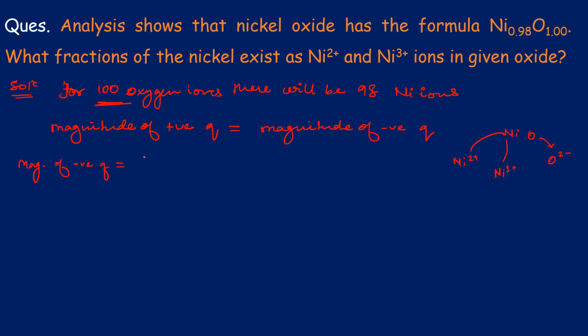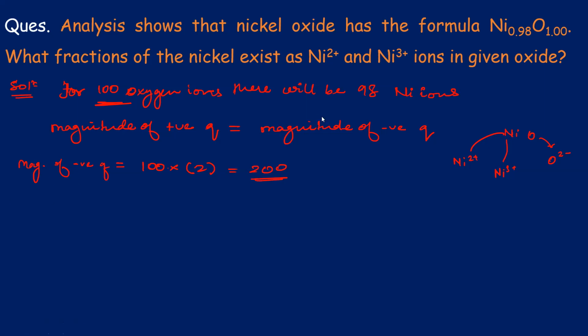We are taking 100 oxygen ions, so we have 100 times the magnitude of charge on oxygen, which is 2. The charge is -2, but please remember, we are talking about the magnitude. The magnitude of positive and negative should be equal. If there are 200 positive, there should be 200 negative also, right? So the magnitude of negative charge will be equal to 200. I am not writing the sign because we are only interested in the magnitude.